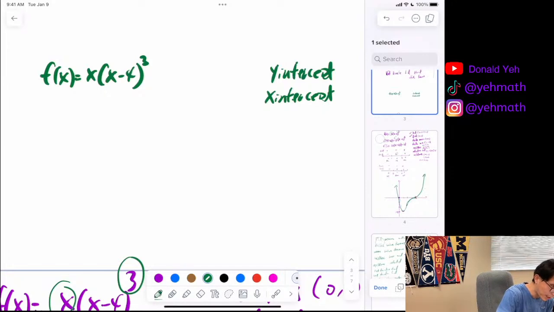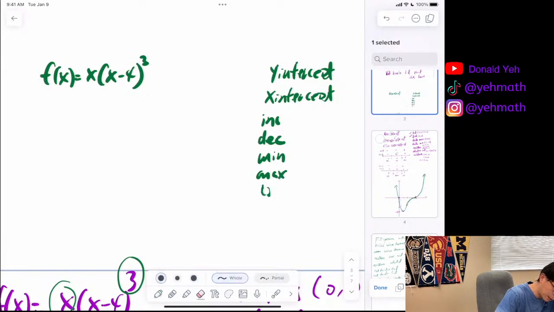And I want you to find the number line test, increasing versus decreasing. And the maximum and minimum. And concave up or concave down. And the inflection point.